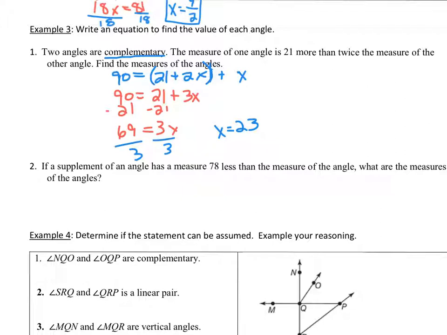Now, it asked me to find the measures of the angles, so it didn't just simply ask me what x is equal to. In this particular case, what x is equal to happens to be one of the measures of the angle. So I've got an angle measure that's 23 degrees, and then I've got another angle measure that I need to actually use substitution to solve for. And anytime I use substitution, I need to remember to use a set of parentheses.